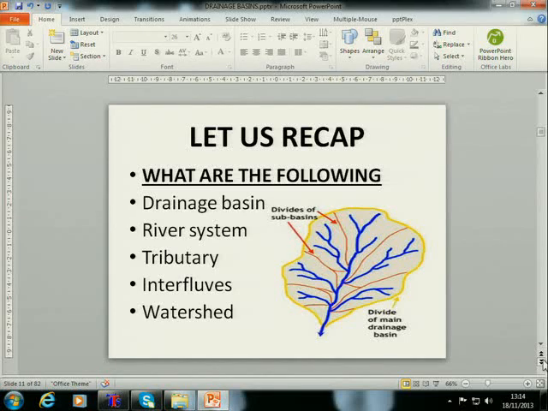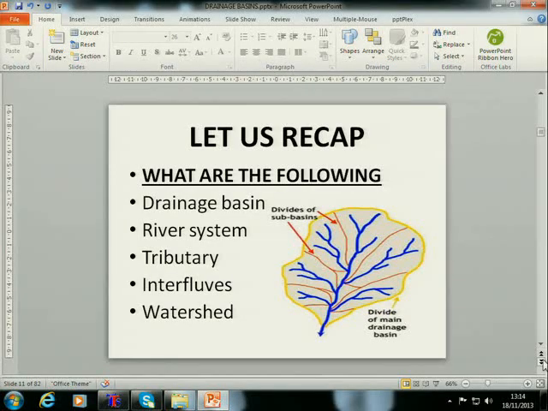Now, when we recap, we will see a drainage basin is the total area covered, the tributaries, the higher lying areas, and the main river system. The river system, those are only the water parts. A tributary is a contributor that carries water to the main stream.